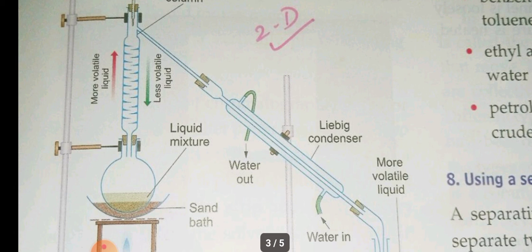There the higher boiling liquid vapors will be collected back into the flask, while the lower boiling vapors will be sent to the Liebig condenser. In the Liebig condenser, the hot vapors will be condensed, and the condensed liquid will be collected in the receiver.